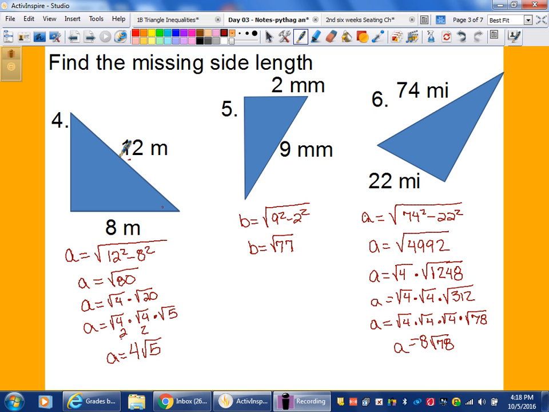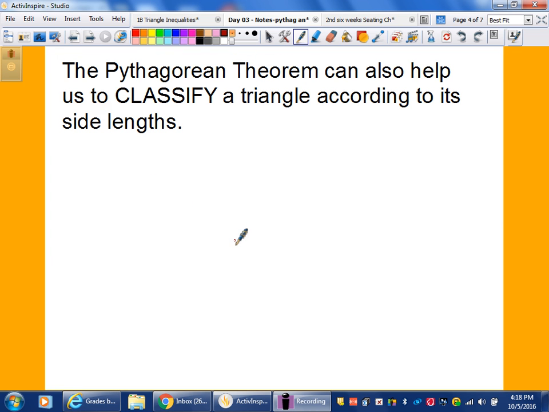And you're done. Now, so far we've only been finding sides, but Pythagorean theorem can also help you to classify a triangle when you're given the side lengths. For instance, if a squared plus b squared equals c squared, then you have a right triangle.